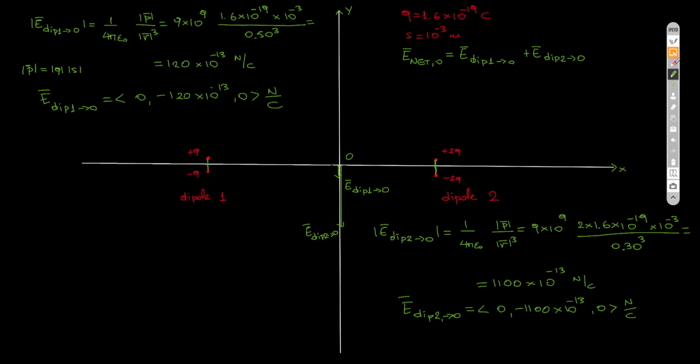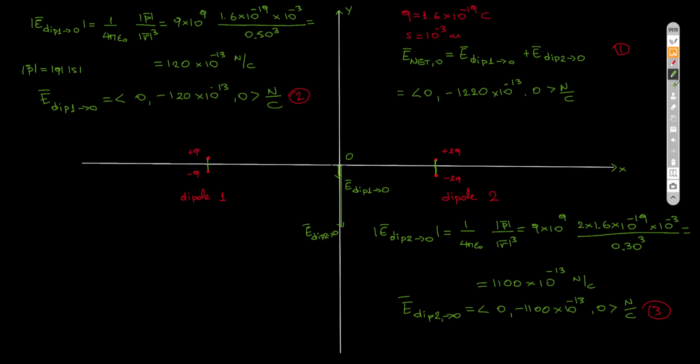And now, let's say I set these to be equation 1, equation 2, and equation 3. Then the sum becomes 0, minus, times 10 to the minus 13, 0 newtons per coulomb.